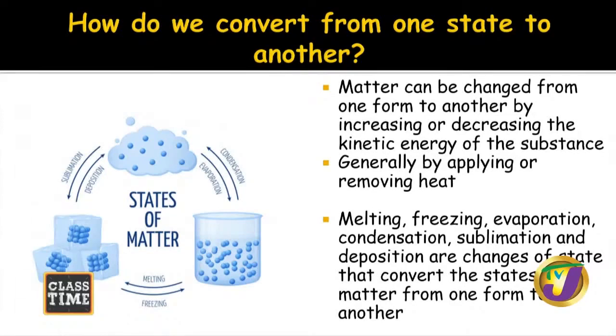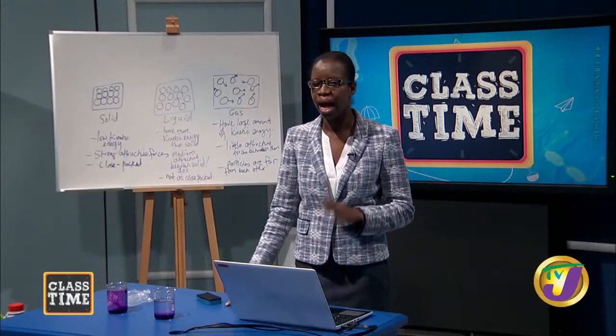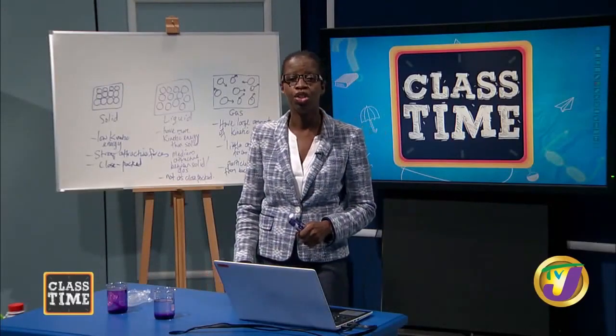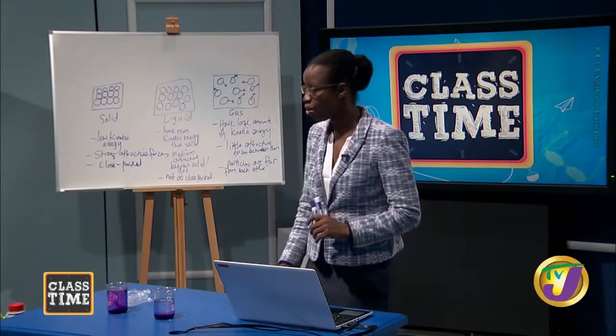So it means that if we apply something that would change the energy of the particles, give them more energy or take away energy, give them less energy, then that is able to change the substance from one state to the next. And what we normally do in a case like this is to add heat or remove heat. And that would show us how to change from one state to the next.